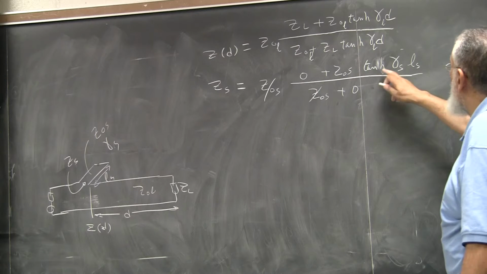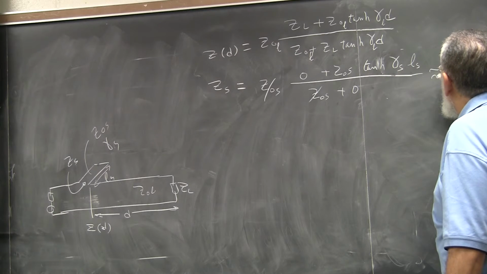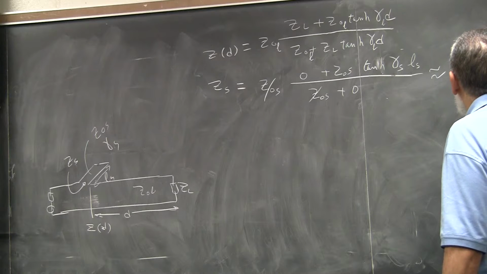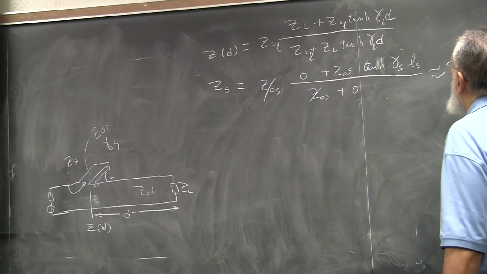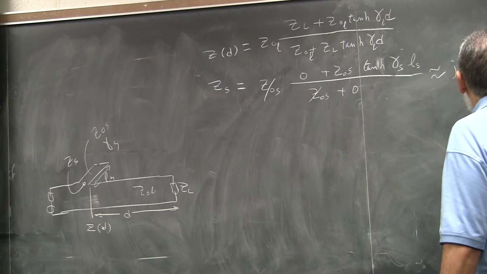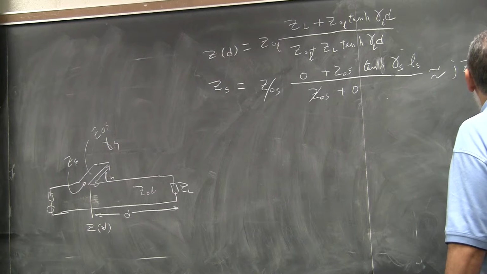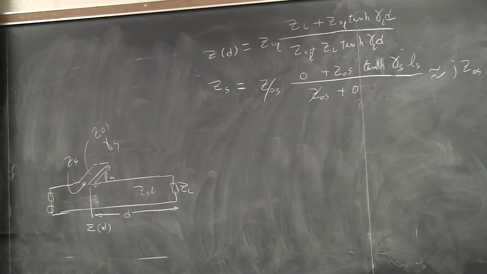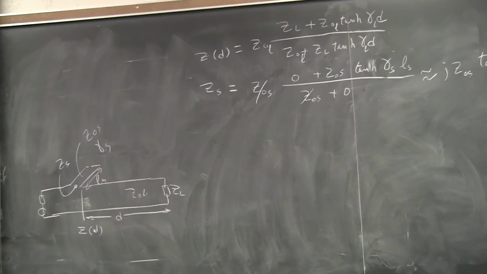If this is going to be low loss, then that is equal to Z naught stub with a j, tangent of beta of the stub times L of the stub. As you can see, it's a pure reactance. You want to call it jX stub, that's fine.